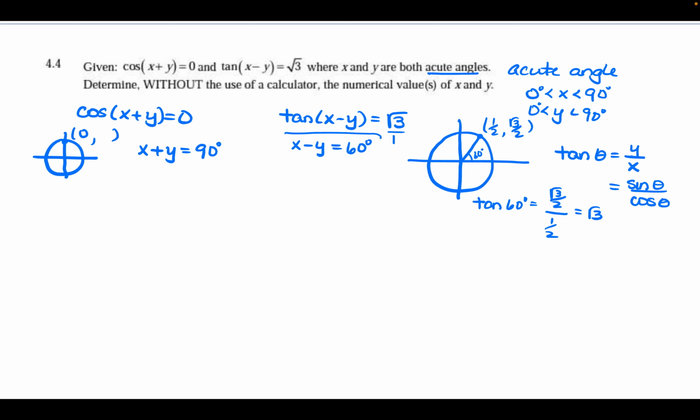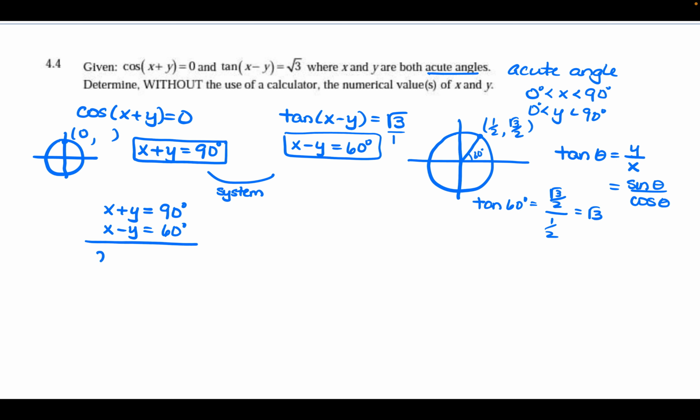Now we have not our answer quite yet, but we have two equations with two unknowns, so we can solve that system for x and y. You might use substitution, or you might add the two equations, which is what I'm going to do, because I notice when I add the two equations, I get 2x is equal to 150 degrees, so x is equal to 75 degrees.